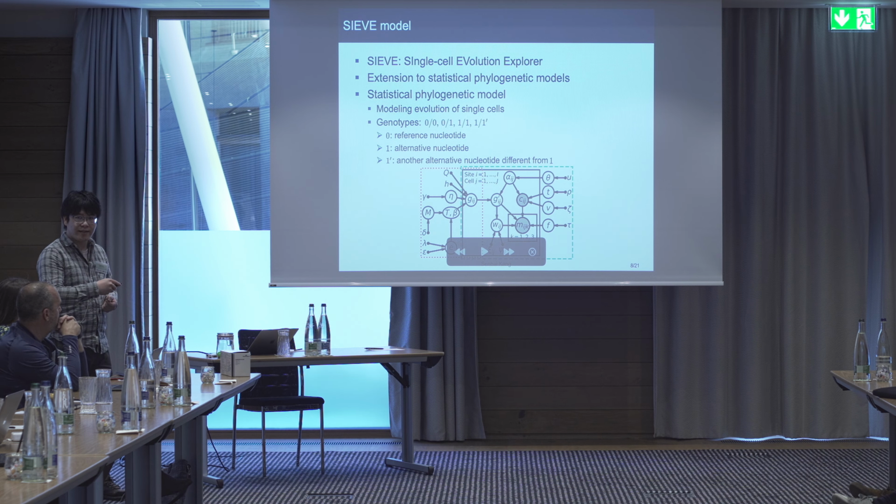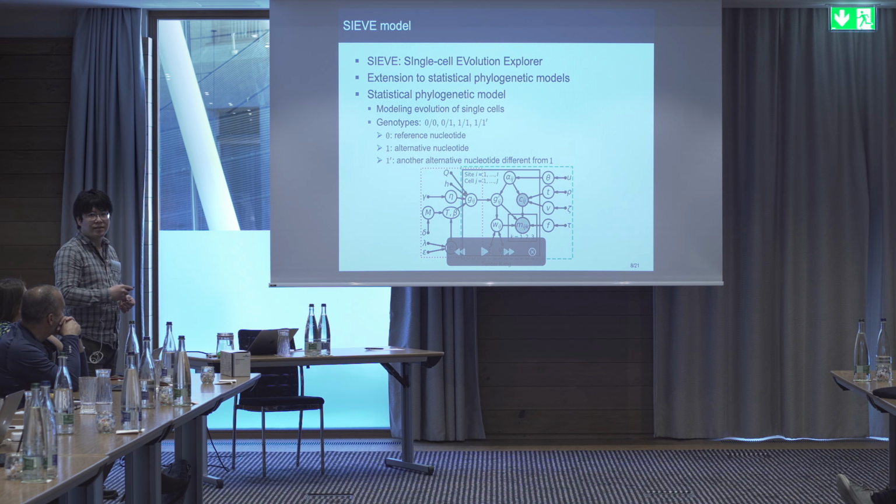So I think we can go back to this model. GIJ here is a bridge between the statistical phylogenetic model and the model of read counts. It represents the genotype of cell J at site I. The genotype itself can be one of the 4 genotypes.